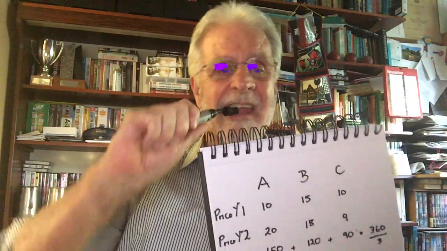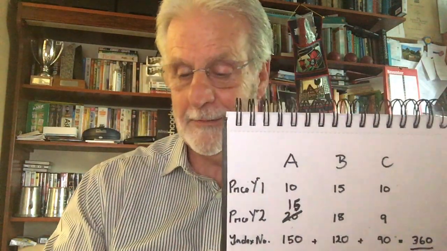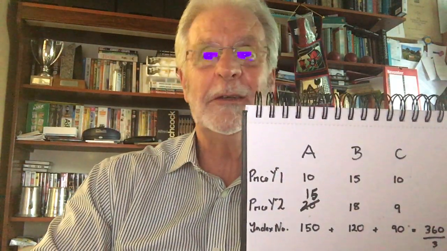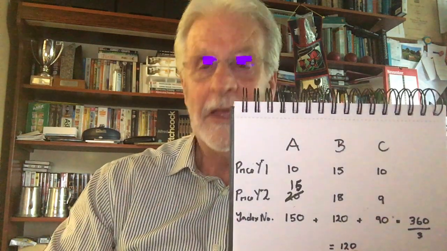Let me just change it quickly. We don't want to hold those numbers up there incorrectly. Let's take that one and go 15. This will make life a little bit easier. My apologies for getting it wrong.